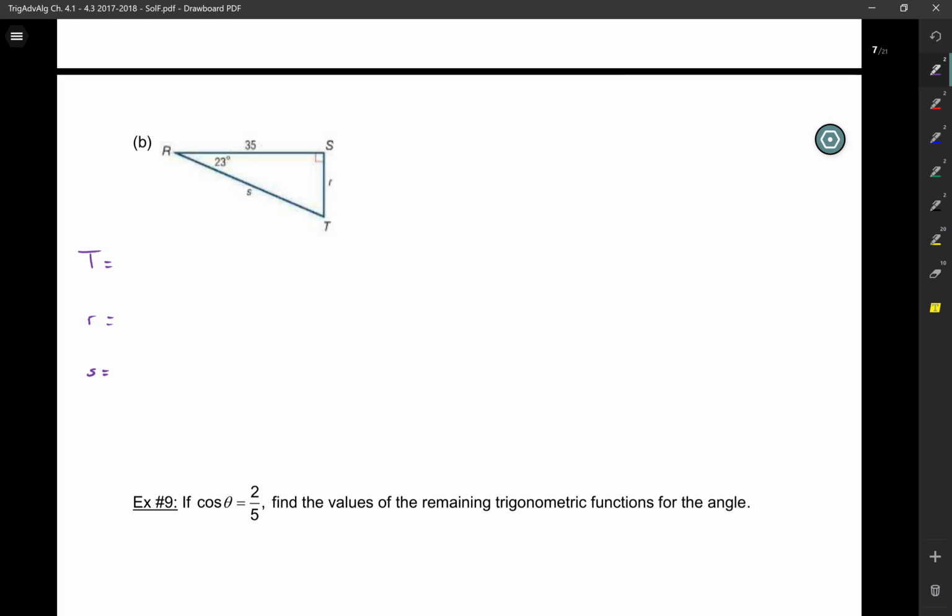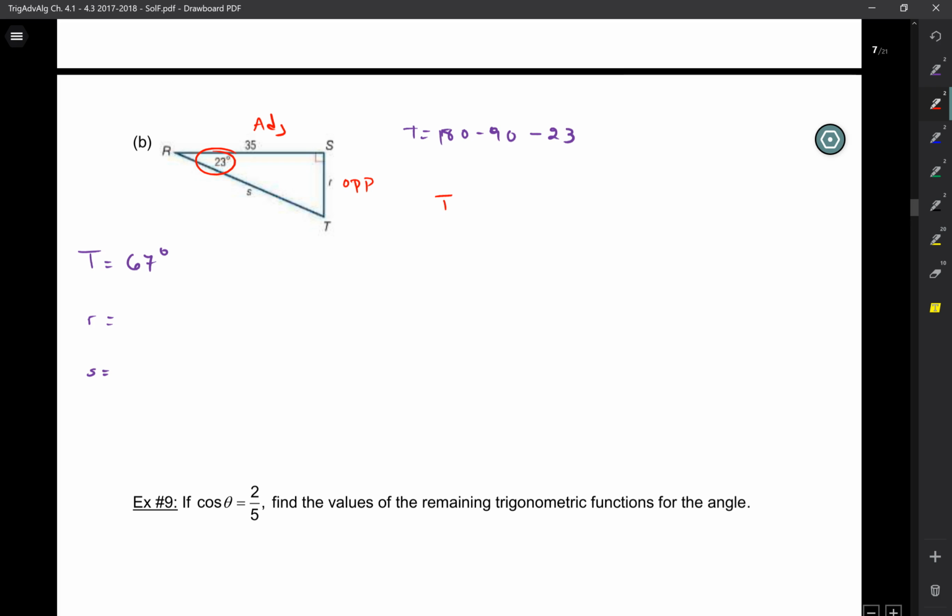Yeah, because it's 180 minus 90 minus 23. So it's how much? 67 degrees. Now, I like to use the angles that I was given by the problem, because what if I made a mistake with my own? Here is an angle. R is the opposite. This is the adjacent.